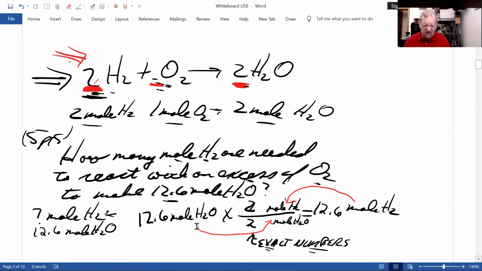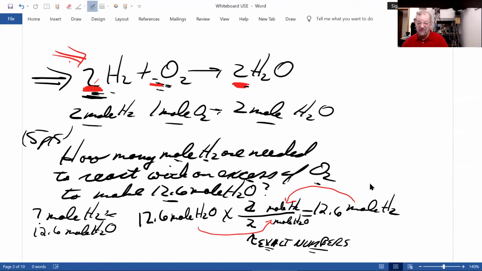Use unit analysis. This is what we had to start with, 12.6 moles of water. We're trying to find moles of hydrogen. Therefore, this is what I start with. The units over here are what I'm trying to get to. Follow the red arrows. Here, I put whatever units I want on top to be in my answer. Whatever units I don't want in my answer, I put underneath.